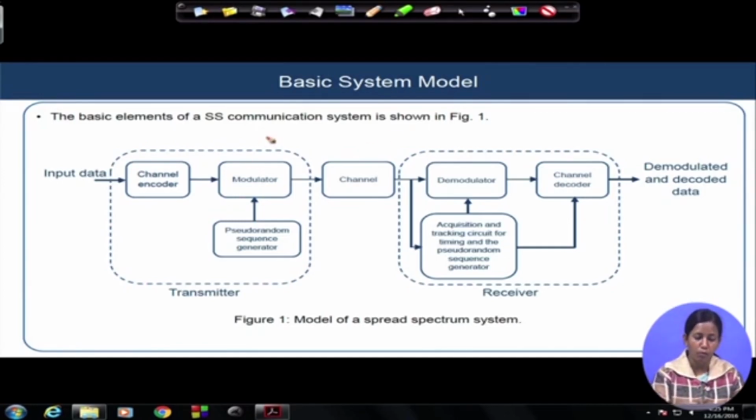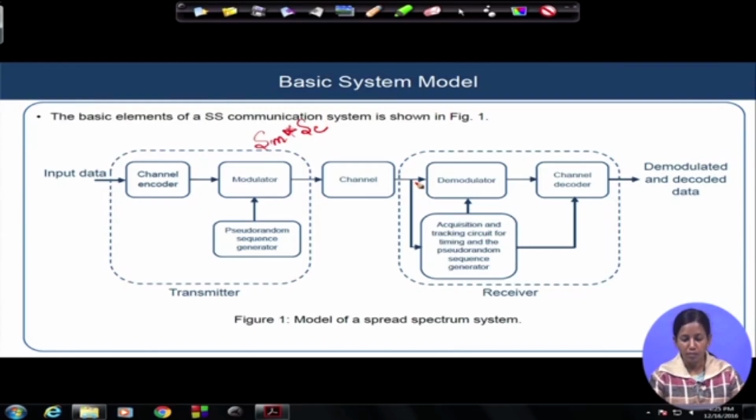The modulated signal, SM, is multiplied with the code signal, which we call SC, and the product SM times SC is the spread signal coming out of this modulator box.